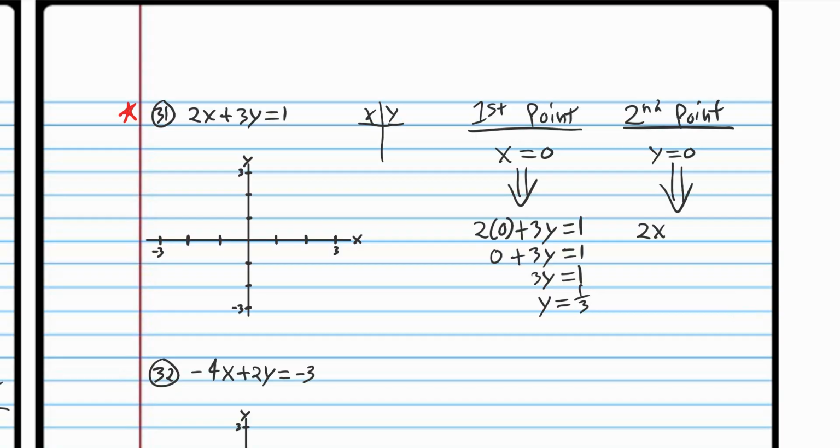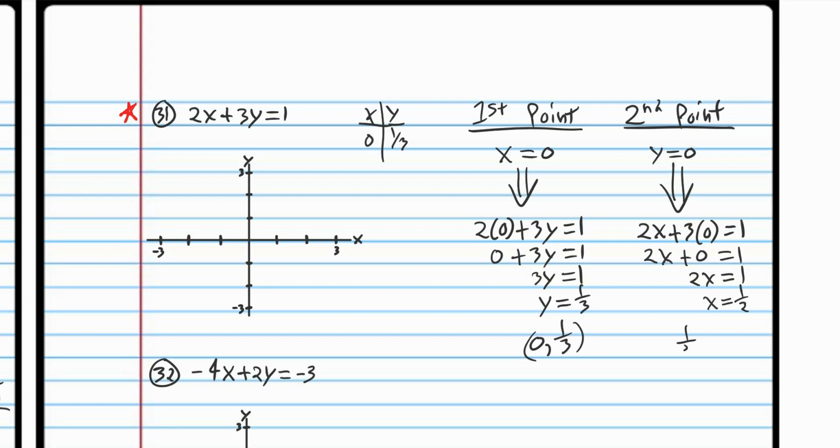We have 2x plus 3 times 0 equals 1, and we're left with 2x is equal to 1, and divide both sides by 2, and you get 1/2. So this point over here is 0, 1/3. And this point is 1/2, 0.